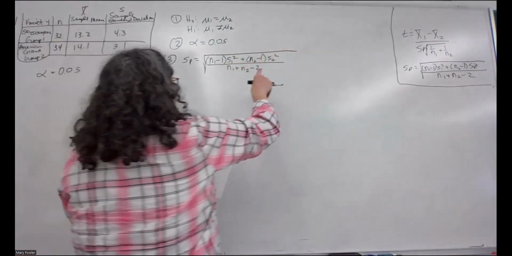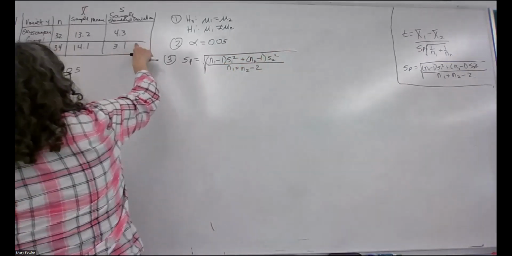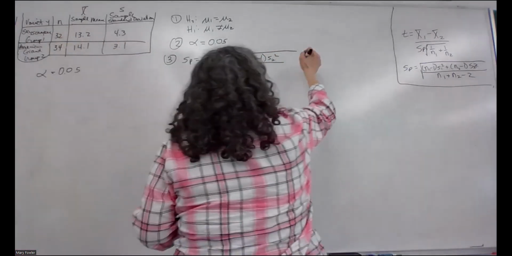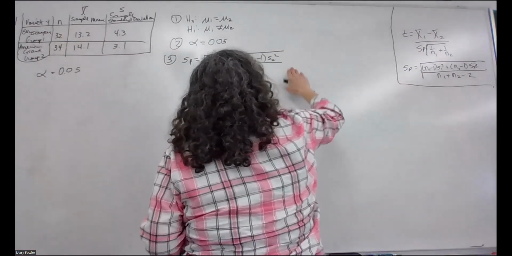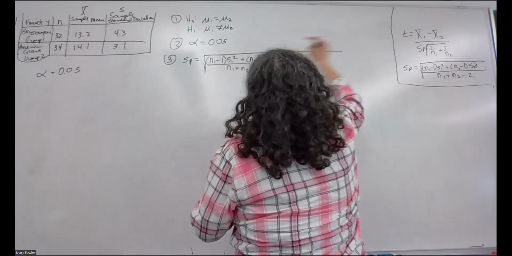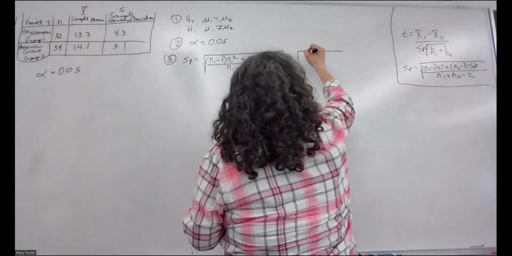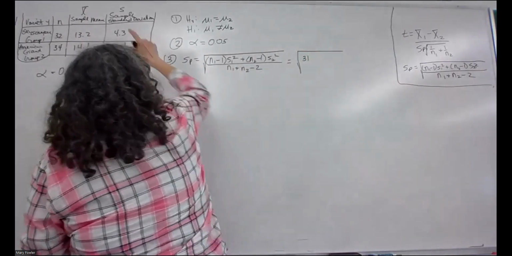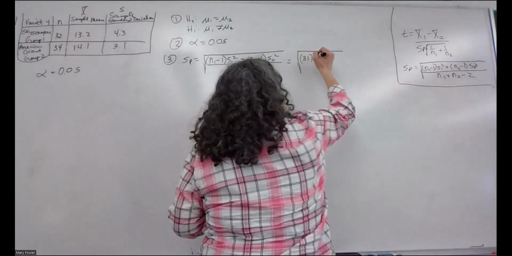So I'm going to substitute in. These are the two S's, S1 and S2. This is N1 and N2. N1 is 32, so N1 minus 1 is 31. S1 is 4.3.